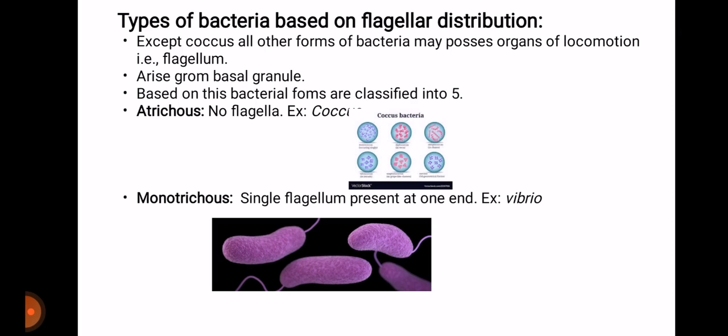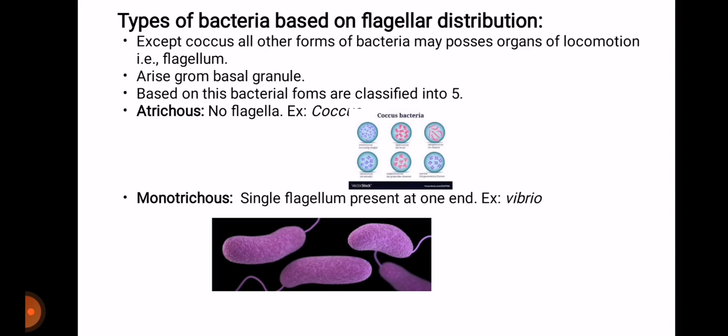Except for the coccus, all other forms of bacteria may possess organs of locomotion, that is flagella. The flagellum is a long thread-like structure whose length usually exceeds that of the cell. It arises from a basal granule. On the basis of number and position of the flagella, bacterial forms are classified into 5 types.